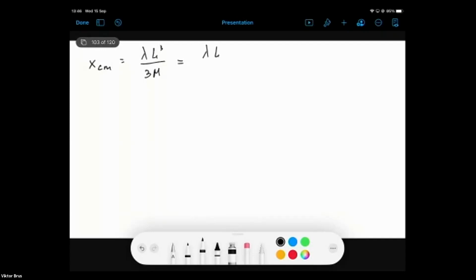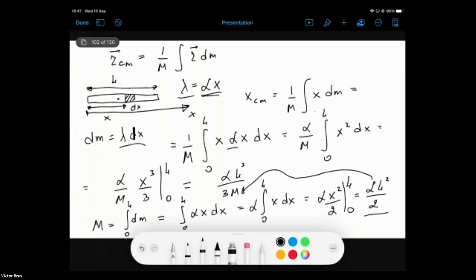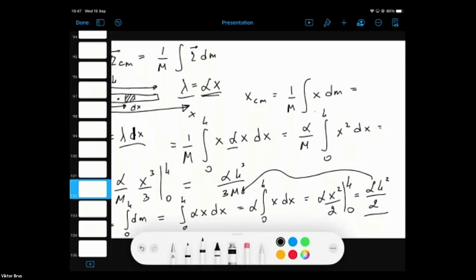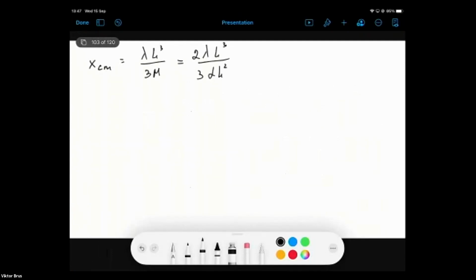It will be alpha L cubed divided by 3 times alpha L squared, and then it was divided by 2, so we can put 2 in the numerator here. Oh, sorry, that's not lambda, that's alpha. Here should be alpha. It was lambda initially when it was uniform. Alpha, and here also alpha.